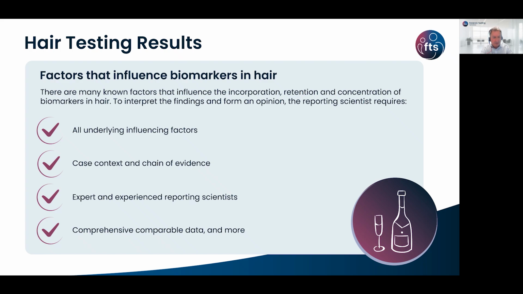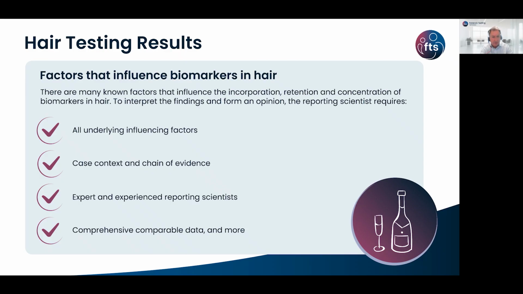So case context is very important. The chain of evidence is equally important: how the sample was collected. Have you got photographic evidence, especially if you're collecting hair and nails, that you can rely on if that's ever questioned?